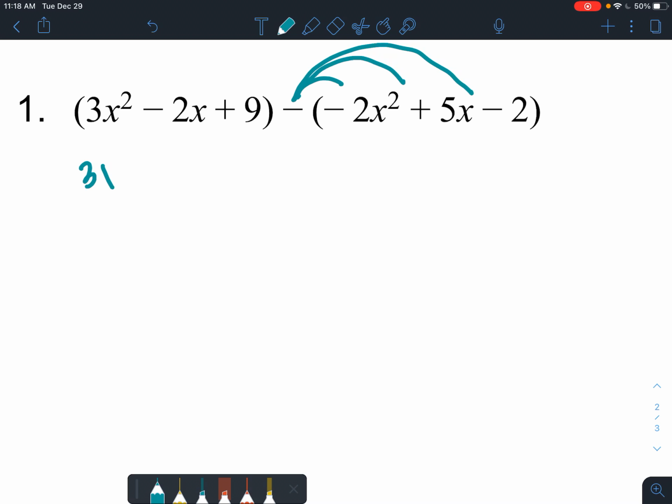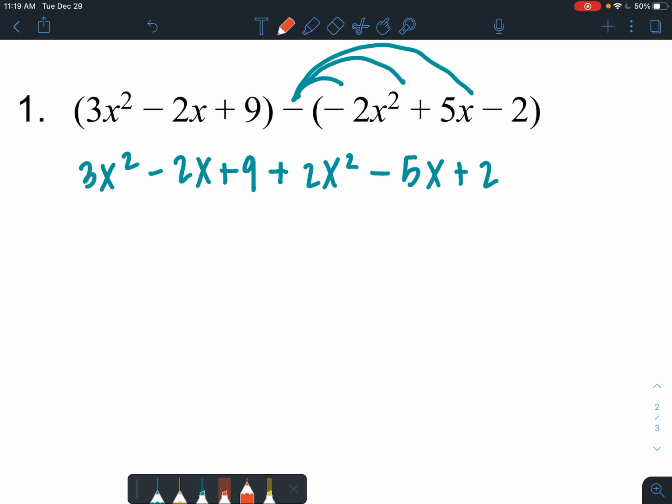So just keep this the same, 3x squared minus 2x plus 9, but then all of our other signs change. So we get plus 2x squared minus 5x plus 2. Some people, when they do that, are comfortable just changing their signs within here. If that's not you, then don't do that.